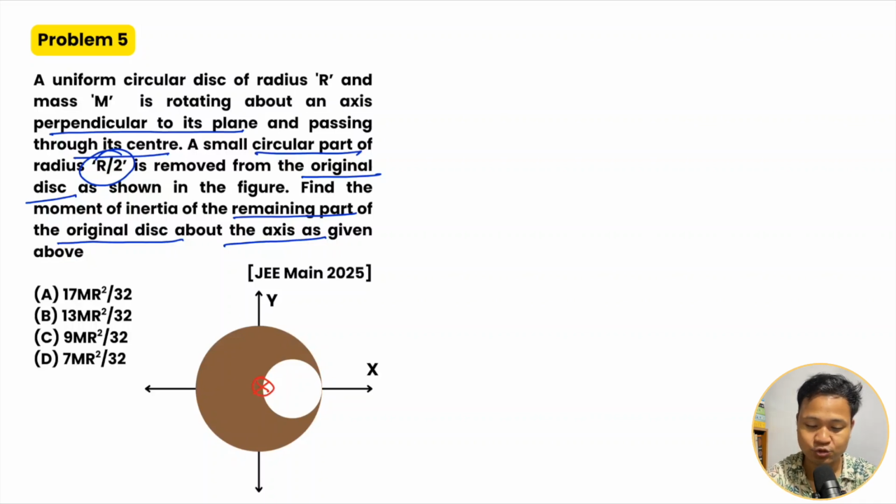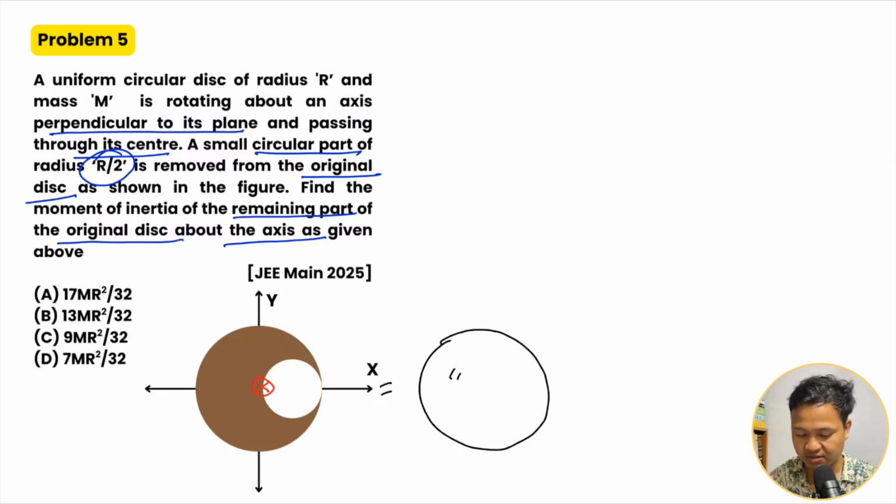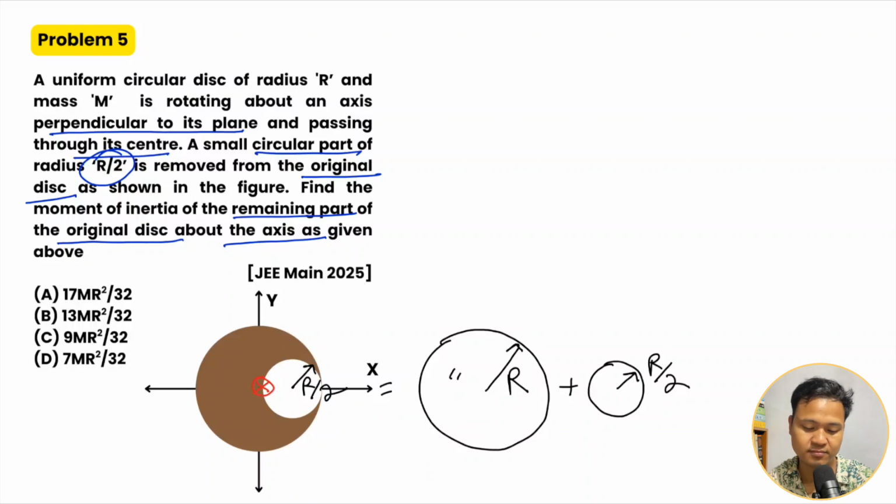Okay, this is the original disk, the complete disk. As you have the complete disk, you have to subtract a small part of the disk. Here the radius is r by 2. So this is r by 2.